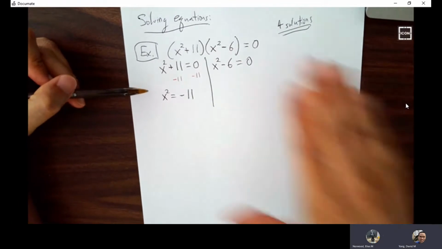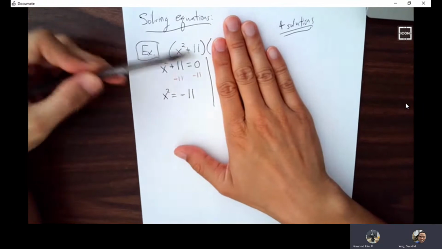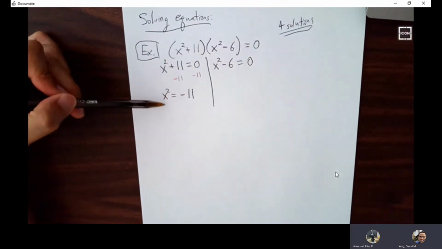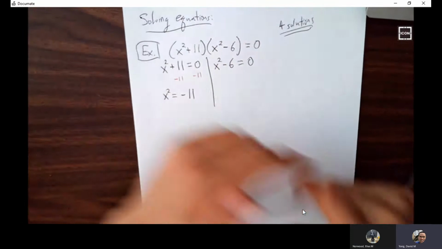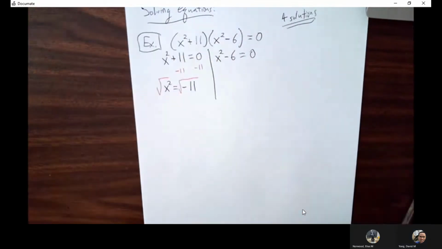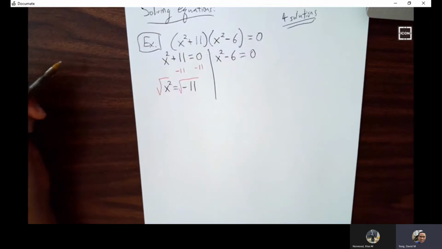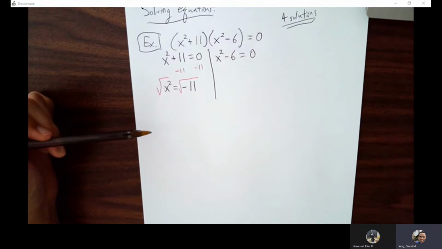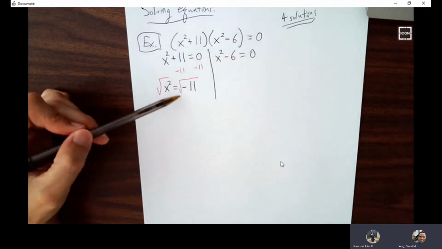Add 6. Well, let's finish this first, and then we can. Let's solve x. Okay, square root. Okay, what do you notice? It's an odd number. Okay.